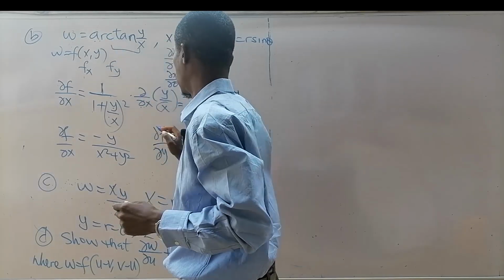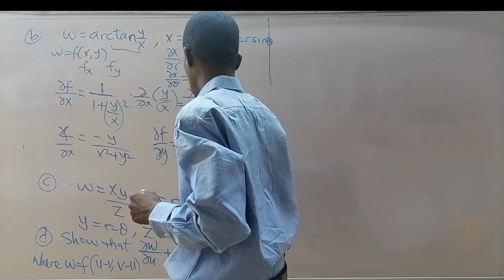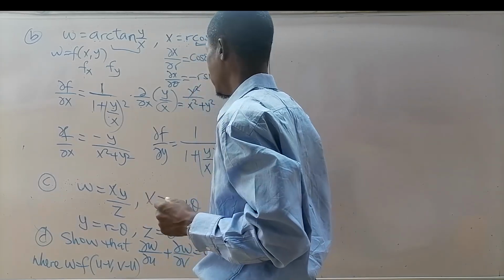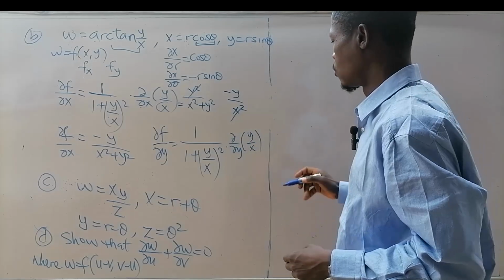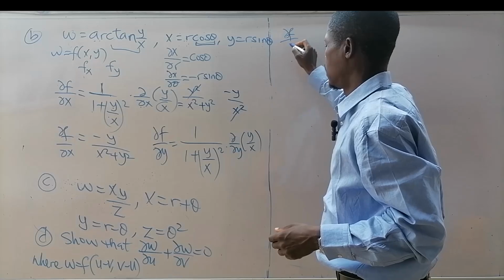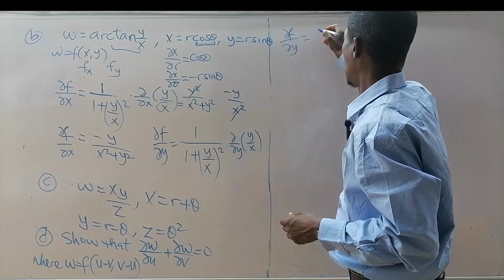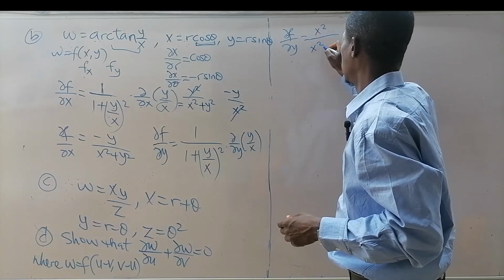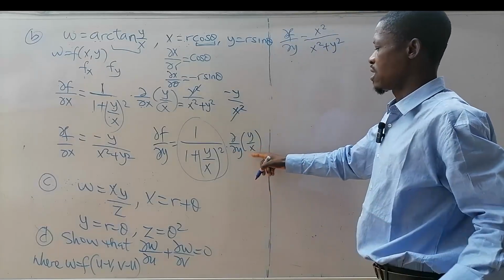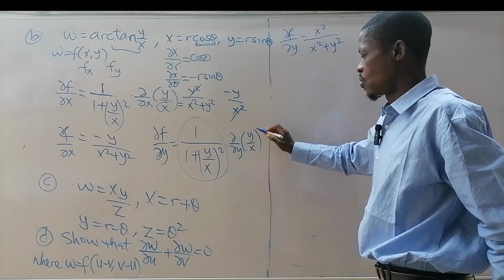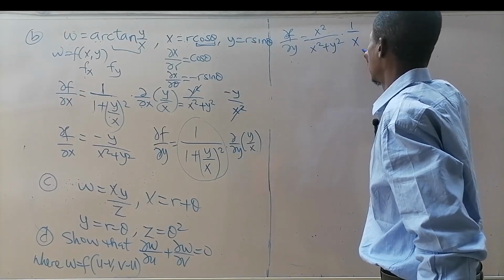So then the next thing to do now is del f del y of this function with respect to y, which will be the same thing, 1 over 1 plus y over x, all squared, times del y of the inner function. So in that case, if you do the algebra, it's going to give you del f del y equal to x squared over x squared plus y squared, times, with respect to y, you only differentiate the y function and keep the other variables constant, 1 over x.